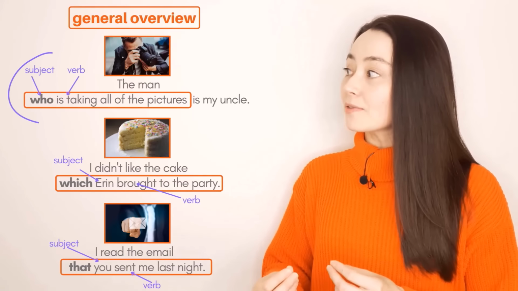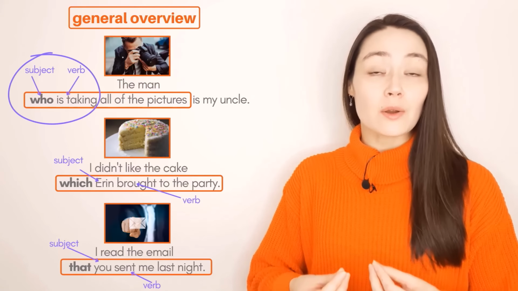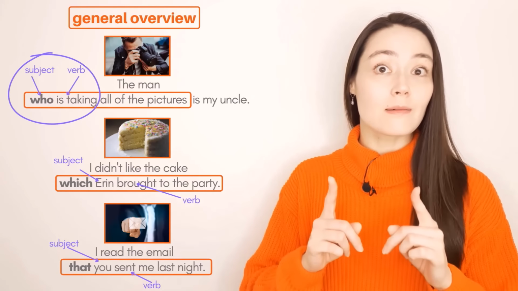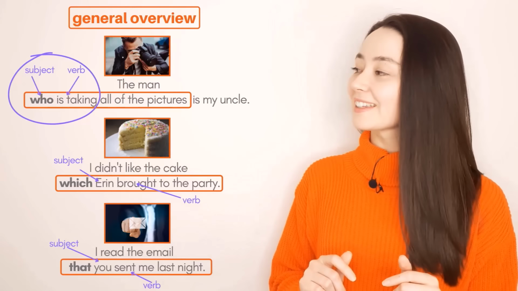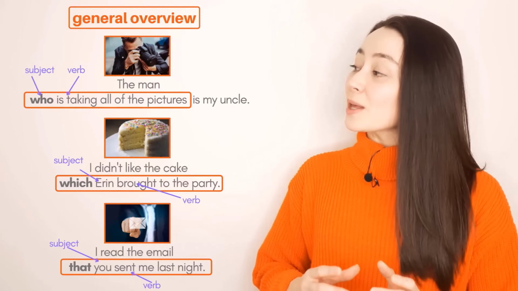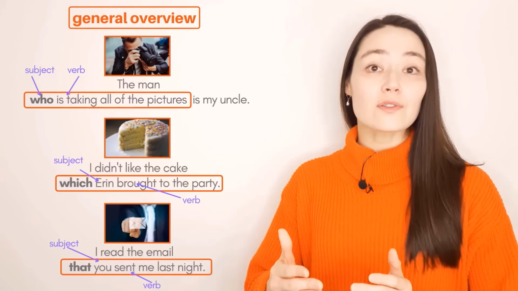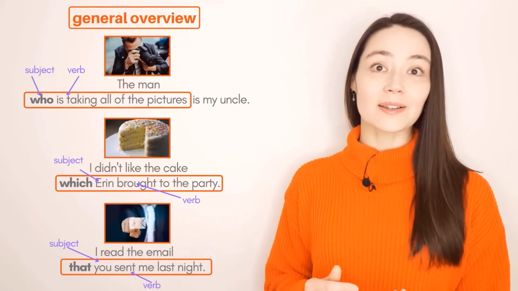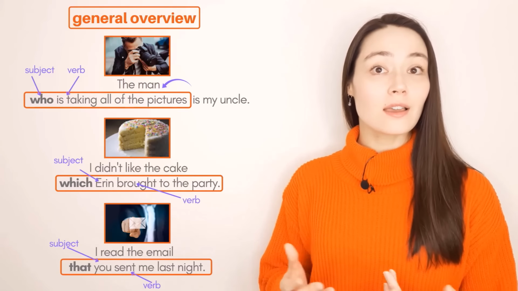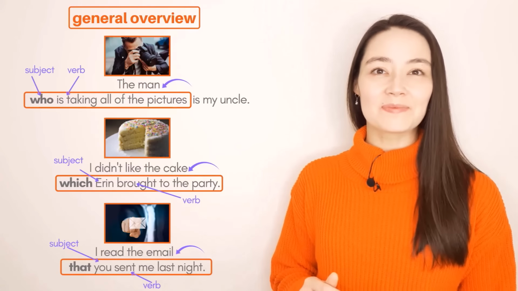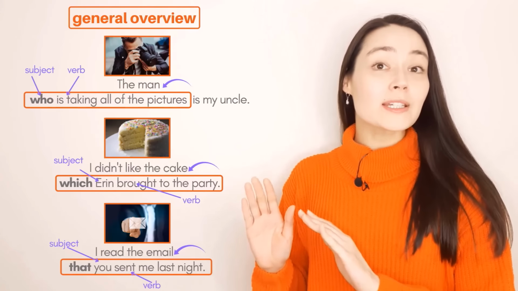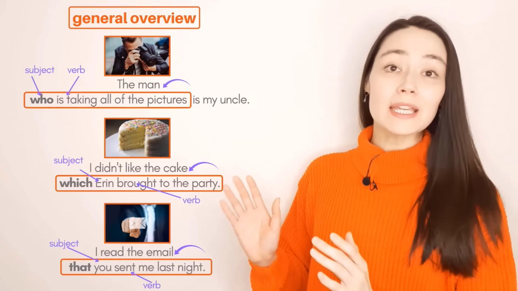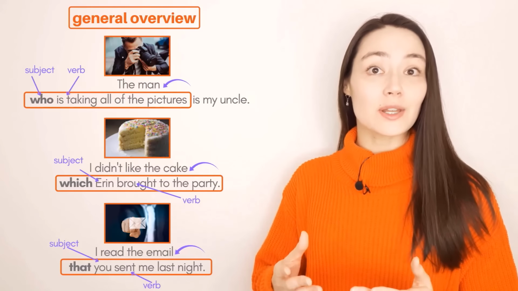You can see in my first example, the relative pronoun is the subject. More on that later. The relative clause always goes after the noun it is describing: man, cake, email. Keep these basic points in mind because you'll see this repeated again and again in today's lesson.